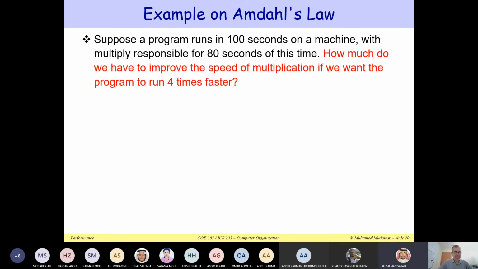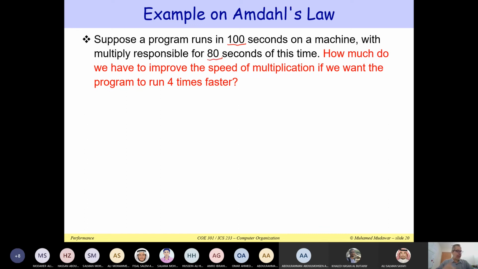So it's 80%, 0.8. Yes. It's 80 divided by 100, which is 0.8. So my fraction spent by multiplication is 80% of the execution time. So the old execution time is 100 seconds, and multiplication is responsible for 80 seconds.